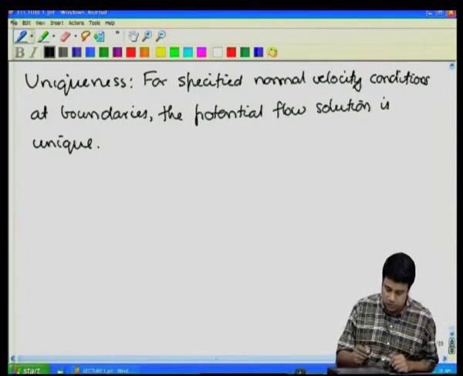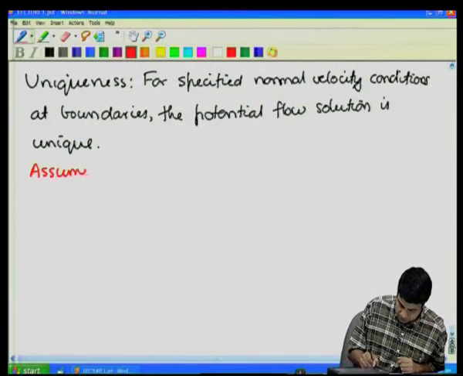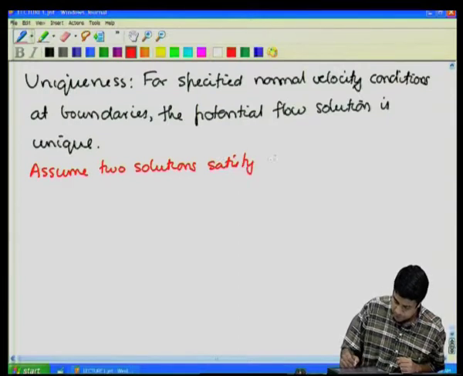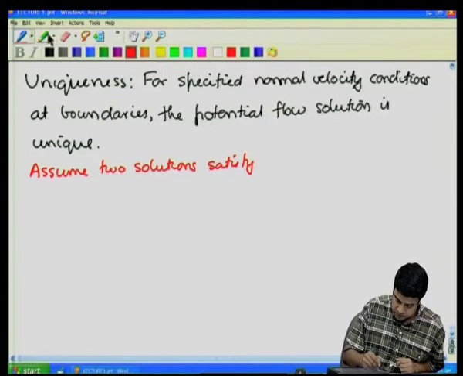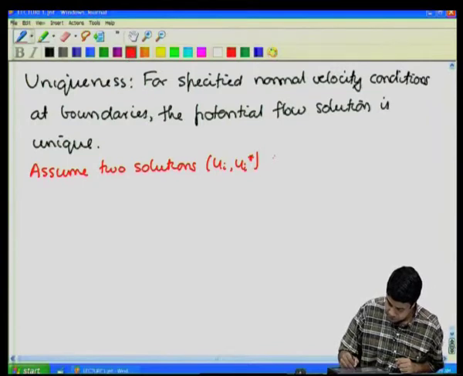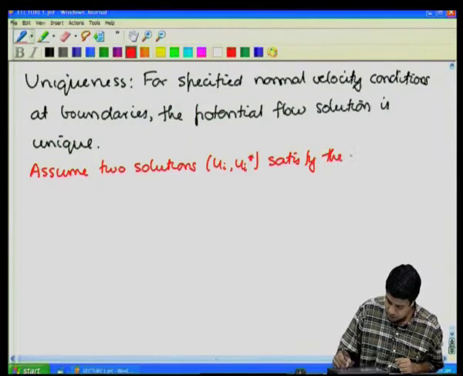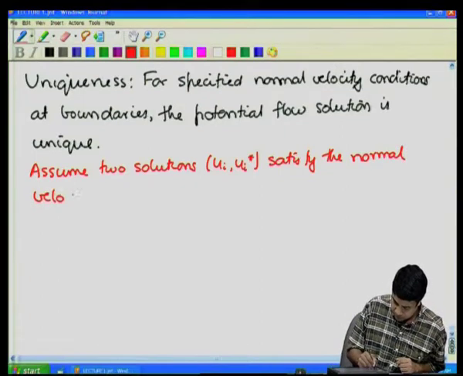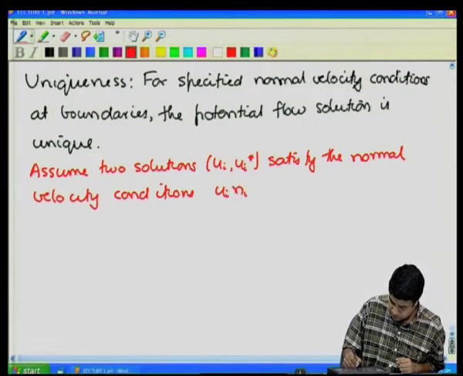We will first assume there are two solutions, u_i star and u_i, that satisfy the normal velocity conditions at the surface.